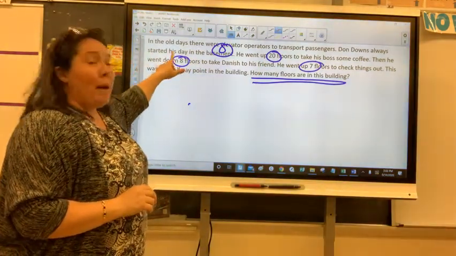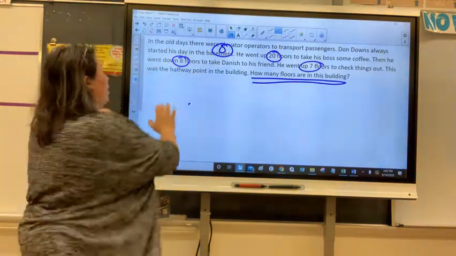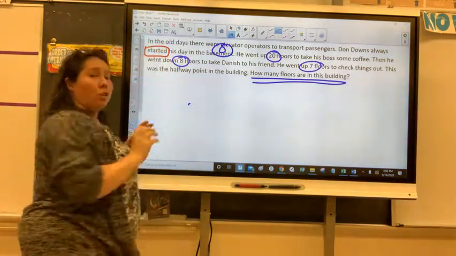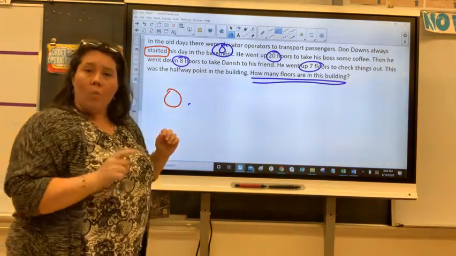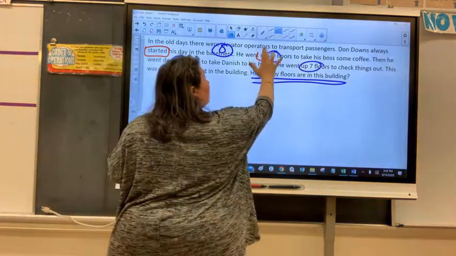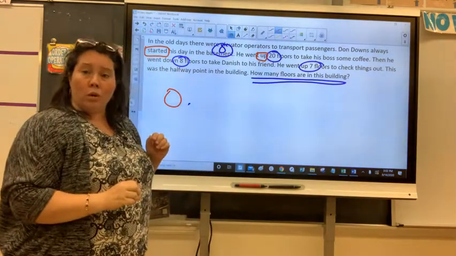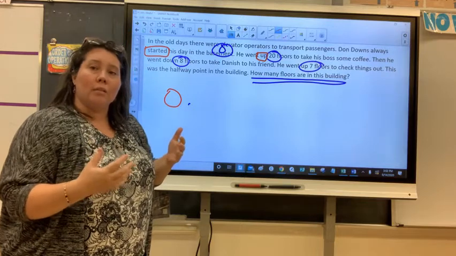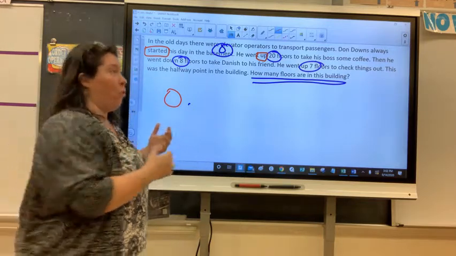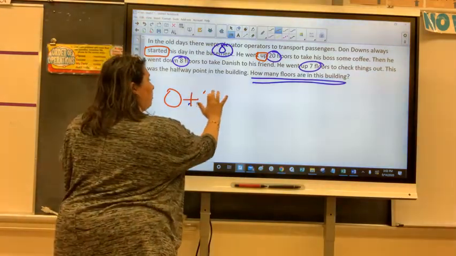He started in the basement, so we know started. That's our beginning point, so we're going to start with 0. He went up 20 floors. Up is a keyword that tells us we're going to add 20 floors to our starting point.